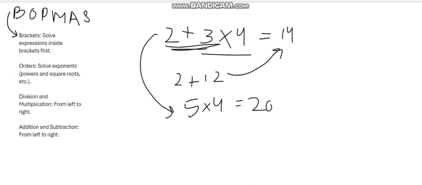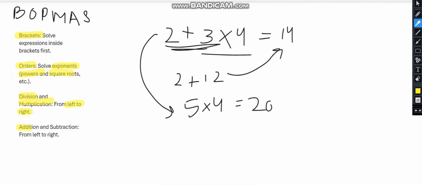Then comes the order, which means solve the exponents, the powers and square roots. Then we have division and multiplication, which always go from left to right if there are just two of these, and addition and subtraction, which also move from left to right.